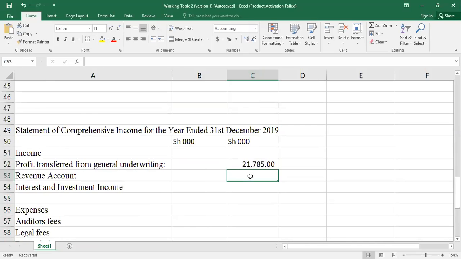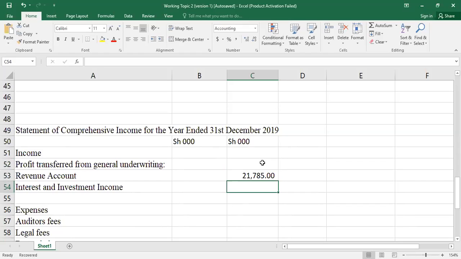Then revenue account. We've been given the figure. Is it 685 or 785? 785. 21,785. Then we have the interest and investment income. We've been given that figure.